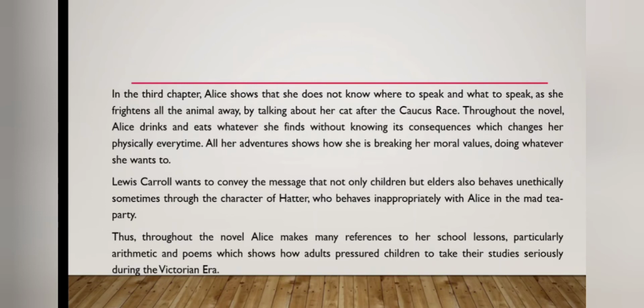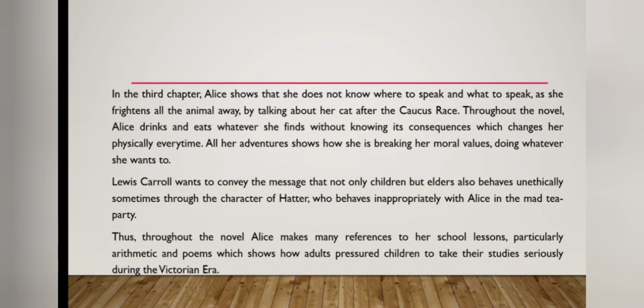So in the third chapter, Alice shows that she doesn't know where to speak and what to speak. She frightens all the animals by talking about her cat, and she also drinks whatever she gets, which changes her physically every time. Throughout the novel, Lewis Carroll has given us many instances where we can see the unethical behavior of the characters, and he also portrays that not only children but elders also behave unethically sometimes.